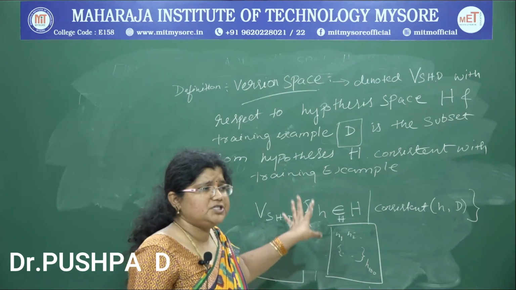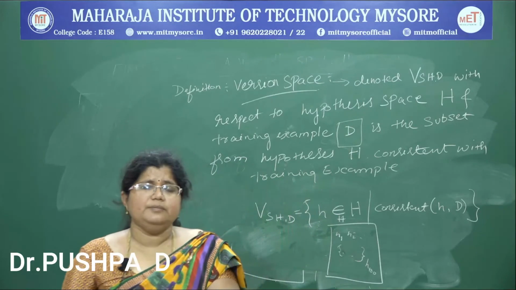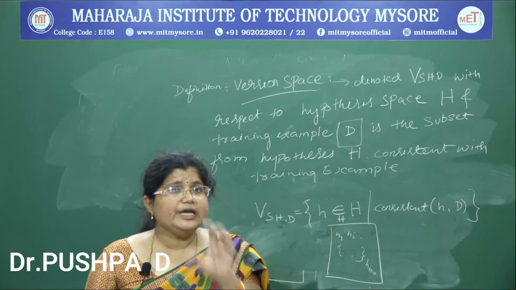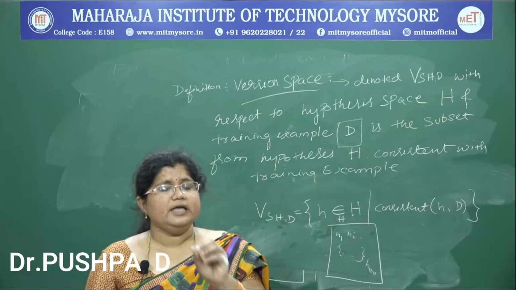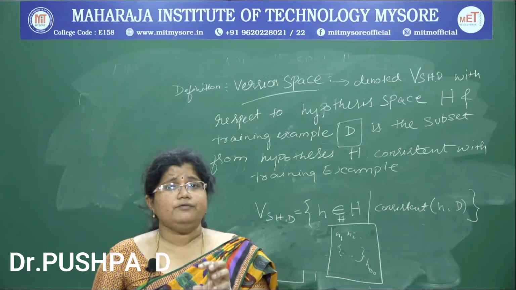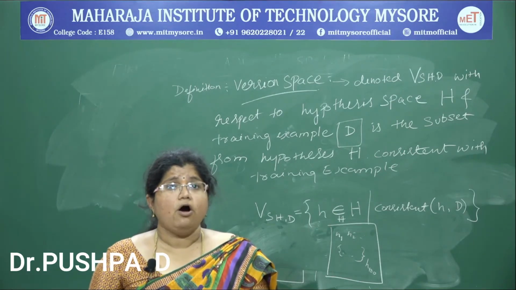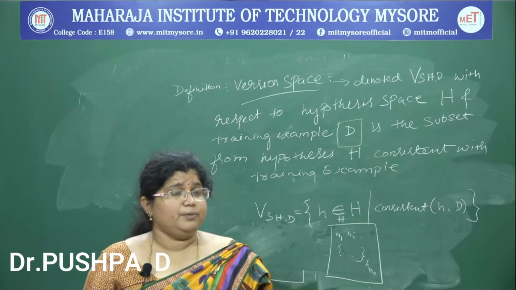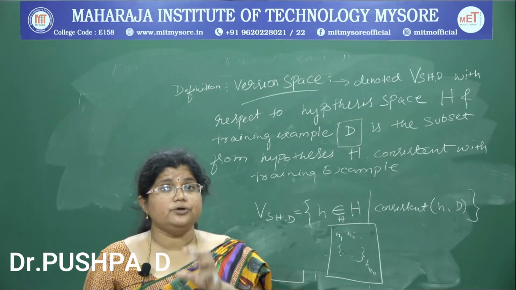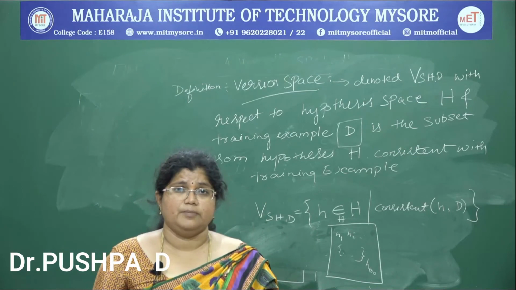So, based on the version space concept, the candidate elimination algorithm is going to create a version space. In that there will be a set of hypotheses, or it will generate a single hypothesis that is going to address the training examples.